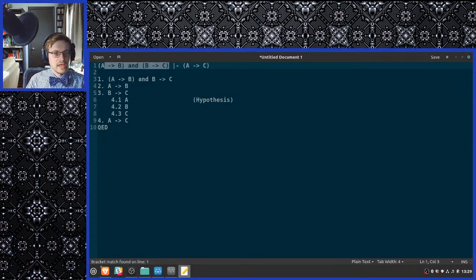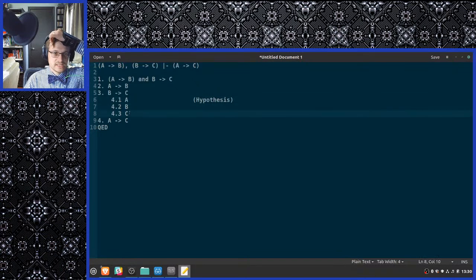So A implies B and B implies C; from that we can prove A implies C. Another way of writing this would be A implies B, comma, B implies C, that proves A implies C. The point is that in order to prove this implication, I have to introduce A as a hypothesis and then try to conclude C. That's not a premise. This is a premise. This is a hypothesis. We sometimes say assume, but it's a hypothesis. It's not a premise. Those are different things.